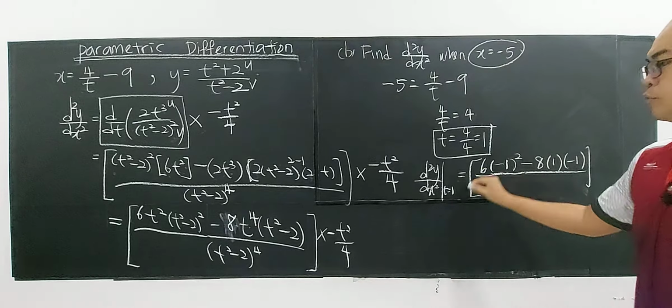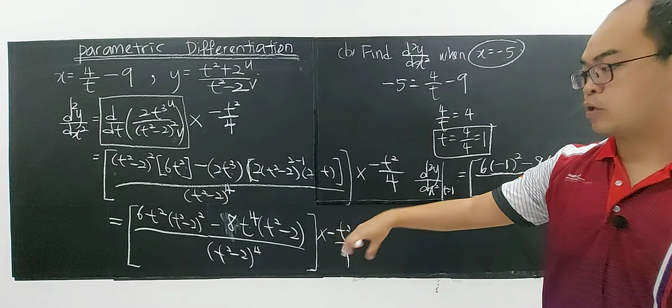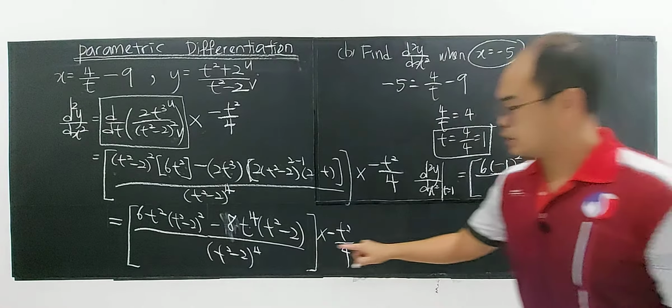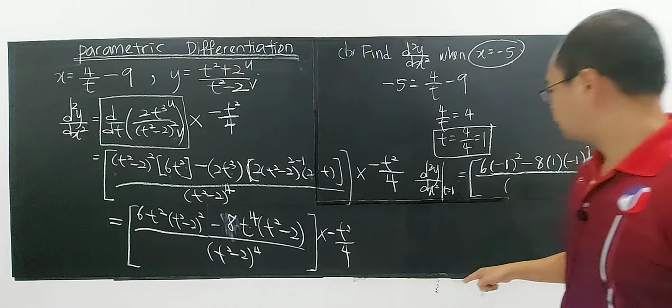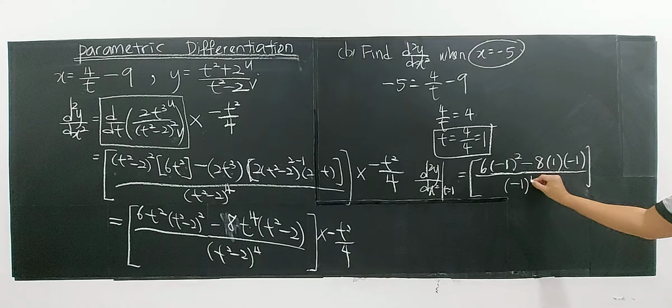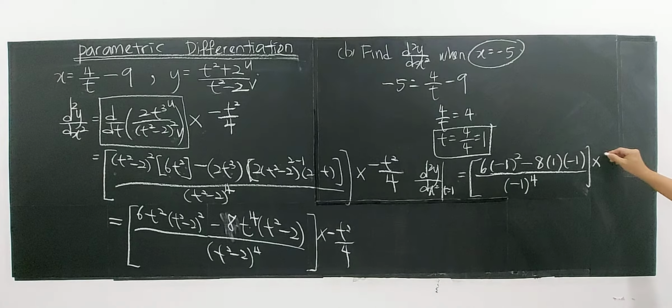Without arranging this, we directly substitute the value of t because we want to evaluate. And this one, t square is 1, so 1 square minus 2, negative 1 to the power of 4, multiplied with negative 1 over 4.